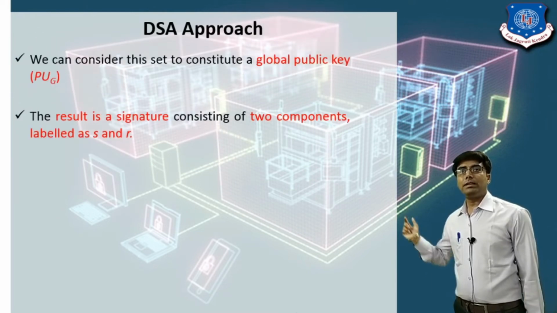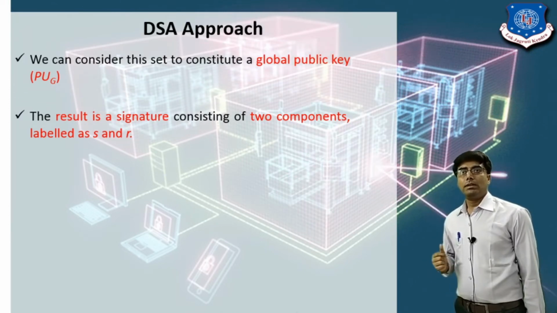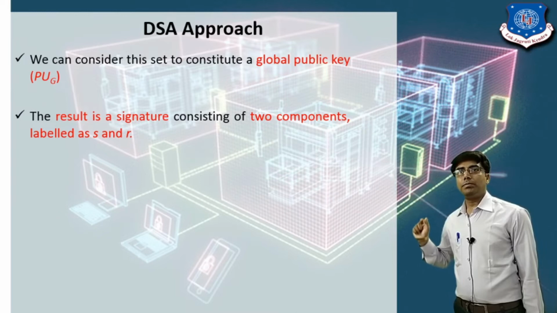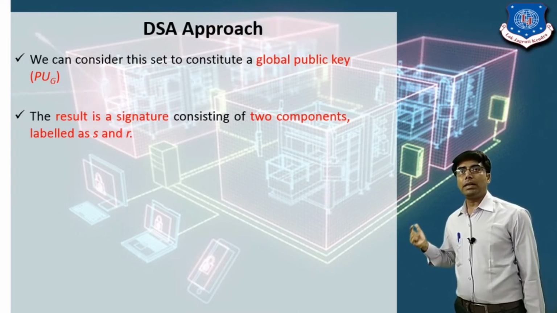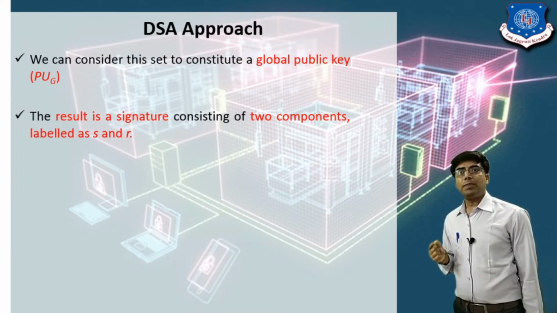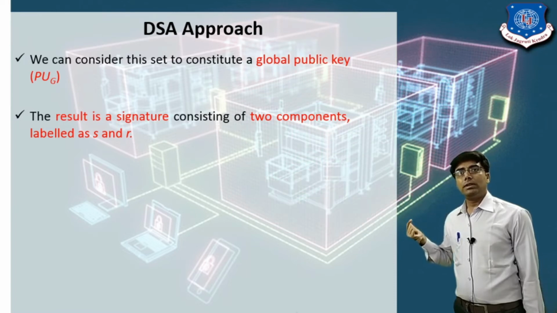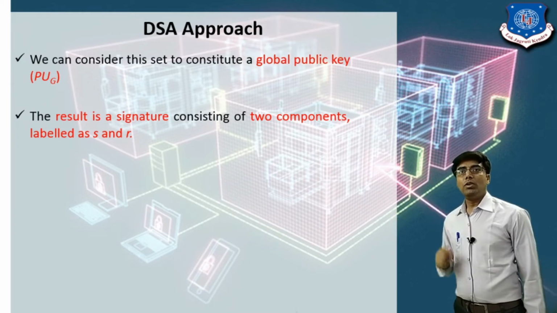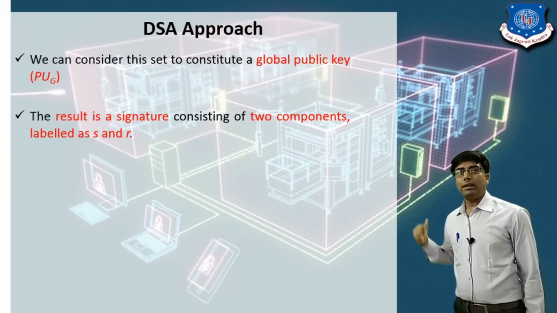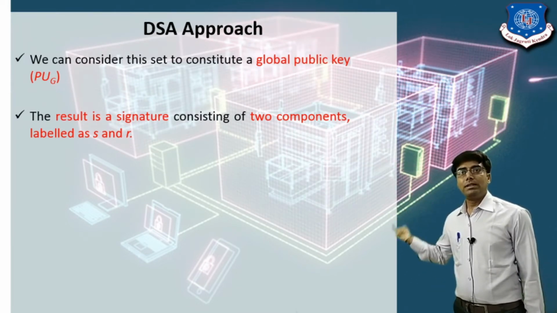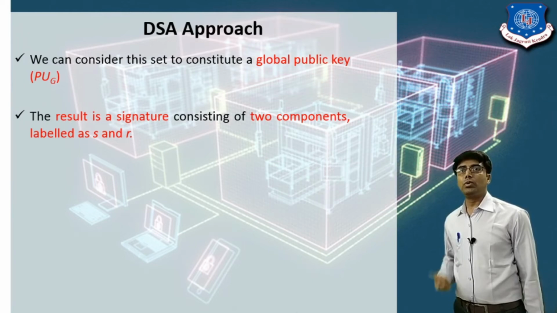We are considering a global public key component, represented as PUG, and this global public key is available to all the users on that network. Now the result is a signature consisting of two components: first is S and second is R.